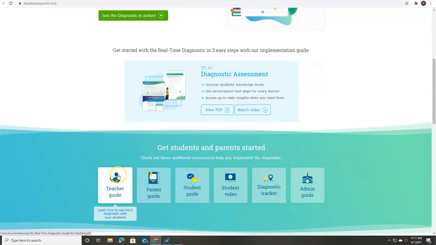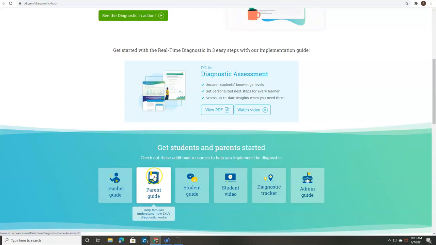Additionally, here it gives you some information, again, related to the diagnostics. This parent guide is to help you as a teacher explain what the diagnostics and the diagnostic scores mean.